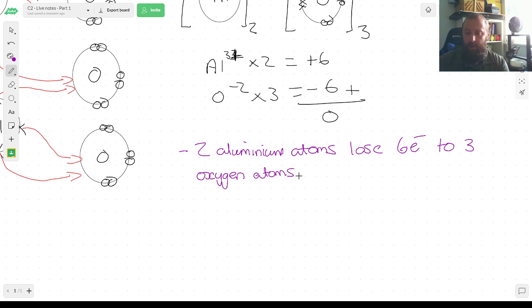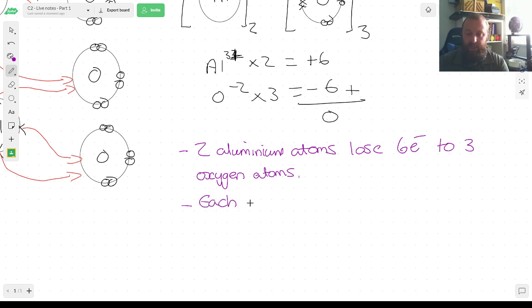I'm going to put another bullet point in here for the moment because I want to be really clear what's going on. Now, we can do it in 2 bullet points, but I don't want to confuse things. And actually, this is a more complicated one. This is probably going to be a 4 or 5 marker, probably 5 marks in the exam. So I'm not worried about putting another bullet point in here. 2 aluminium atoms lose 6 electrons to 3 oxygen atoms.